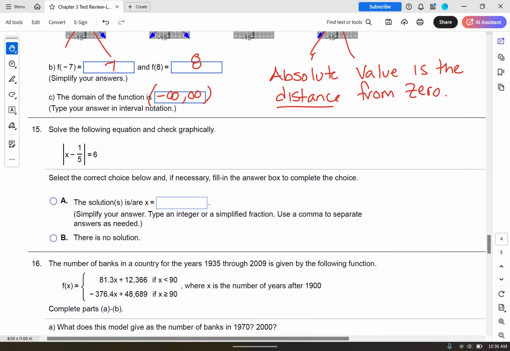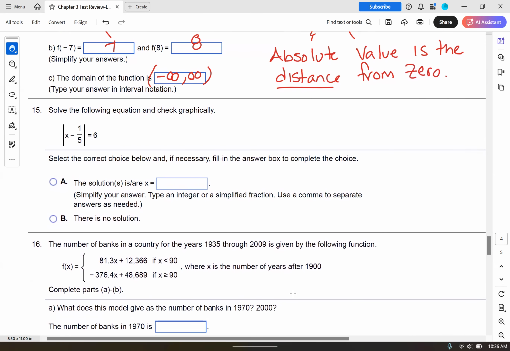So 15, solve the following equation and check graphically. Well, I could find the solution graphically if I want to. But let's show you how to solve this algebraically, and then we'll go graph it. All right. Two solutions.